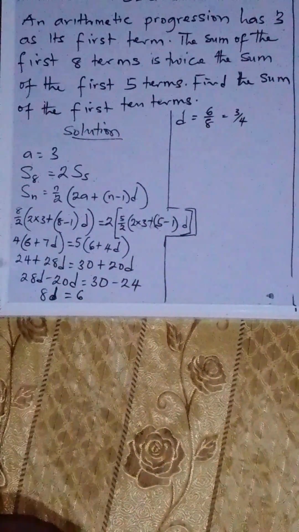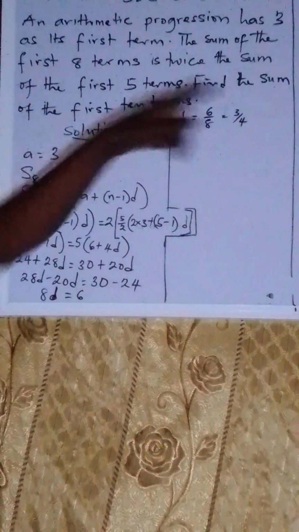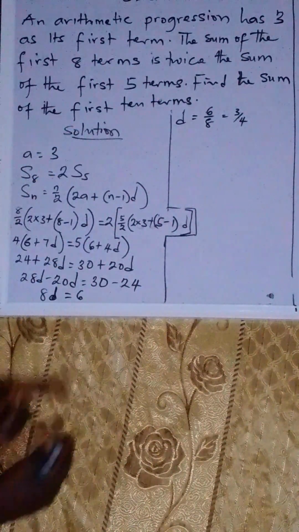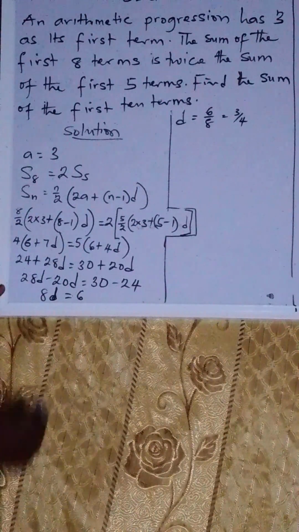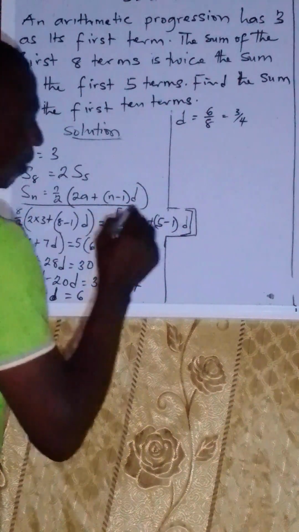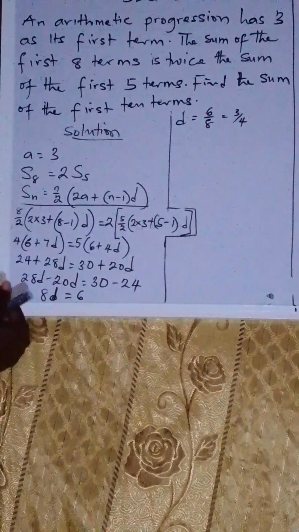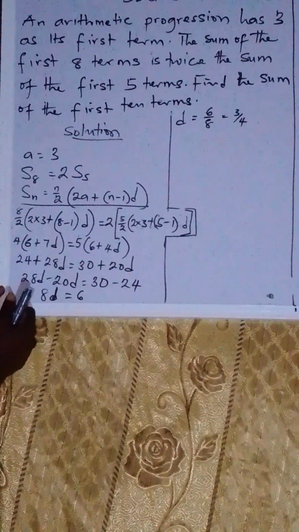We can now go ahead and find the sum of the first 10 terms of the arithmetic progression. We are still going to use this formula for finding the sum of an arithmetic progression.